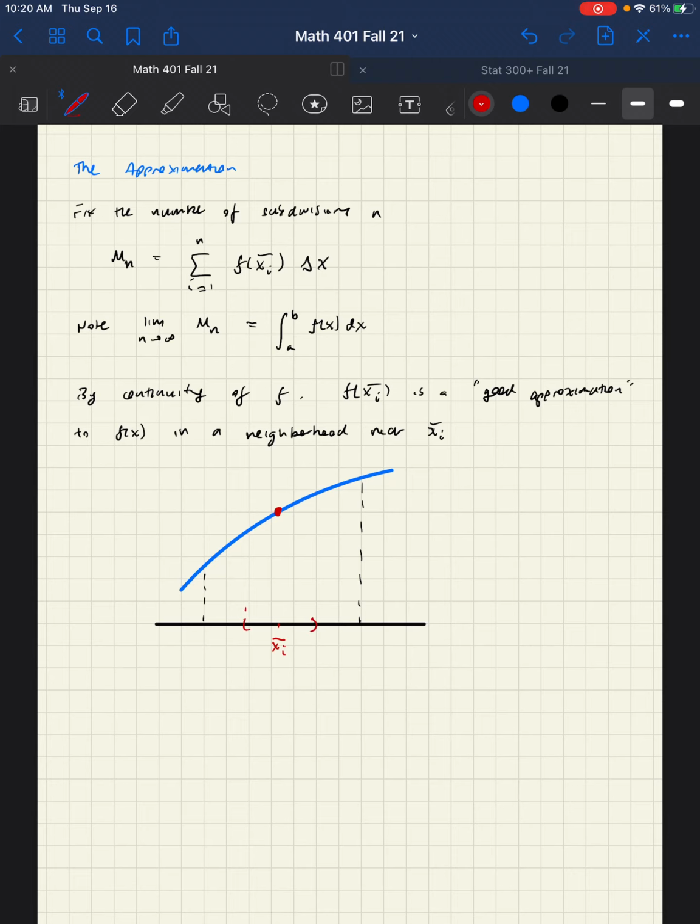And by continuity, give a little bit of wiggle room around x sub i bar, and those function values shouldn't be too drastically different from f of x sub i bar. So what we're really doing is approximating f with the constant function y equals f of x sub i bar.